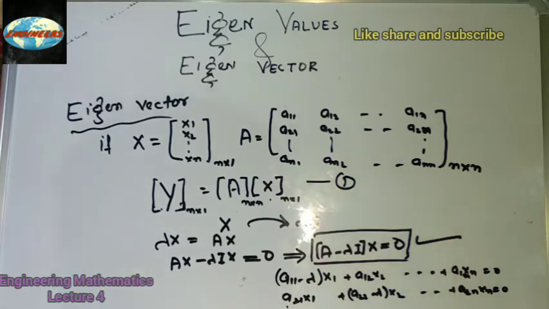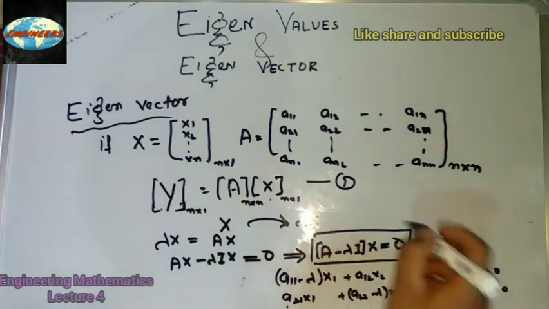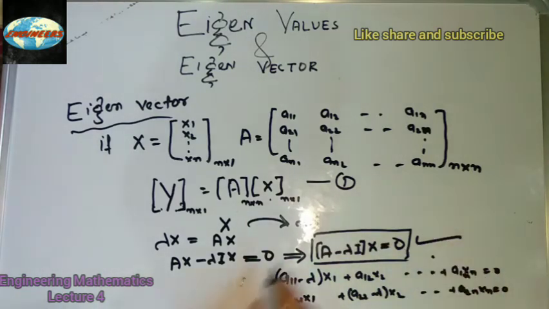So this homogeneous system of equations will have a non-trivial solution. What is a non-trivial solution? Just remember for now, that also we will see in the next lecture. There will be a non-trivial solution only if the determinant of A minus lambda I is equal to 0.